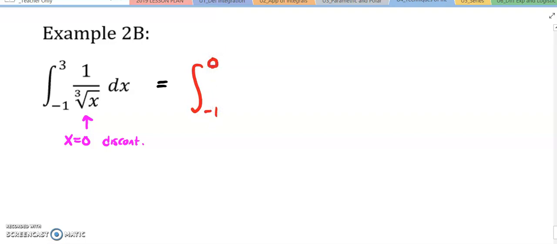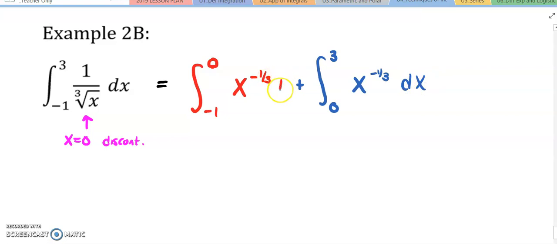So I'm going to go from -1 to 0 of, and I'm actually going to rewrite this as x to the -1/3. And then my second integral, which I'm going to write in blue, is going to start at 0, the place where I left off, and it's going to go to 3 of x to the -1/3 dx. And I forgot the dx on the red function.